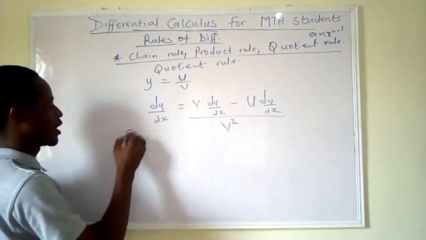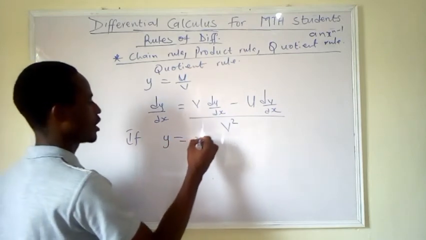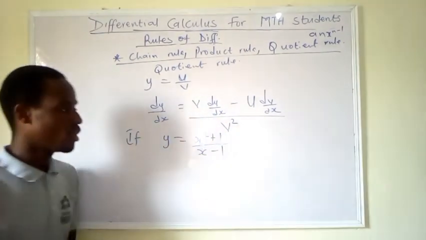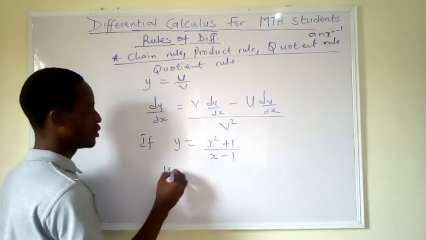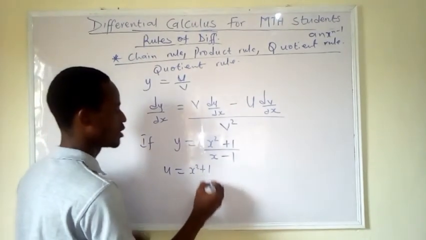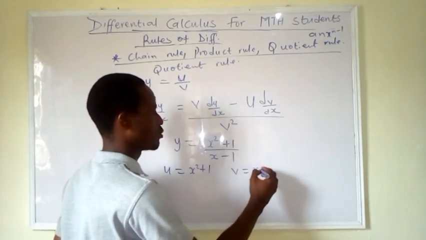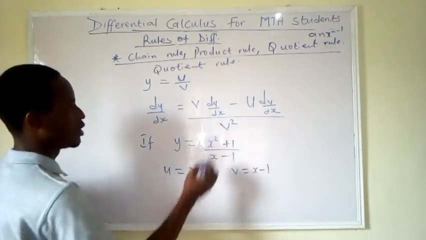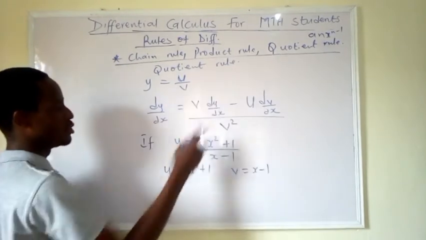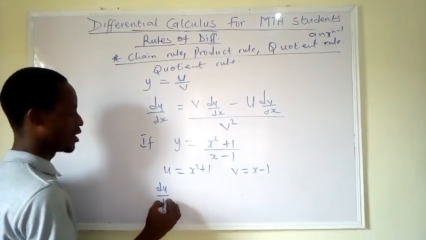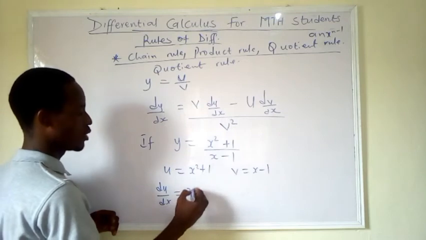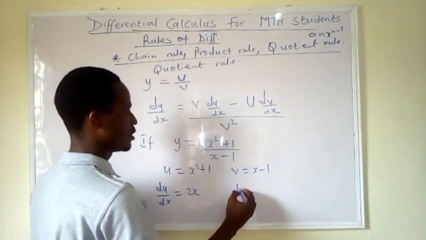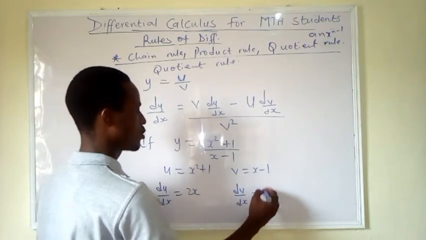So I have a function y equals x squared plus 1 all over x minus 1. How do I solve this? U is going to be x squared plus 1, and v is going to be x minus 1. That is the top and the bottom. So what next? Don't forget we have the formula. We need du/dx, which will be the derivative of this, and that will be 2x, as the derivative of 1 is 0. Then we have dv/dx also, and that will be equal to 1.